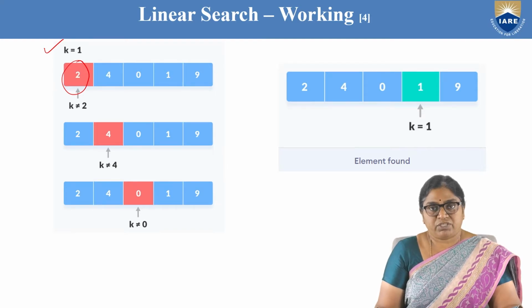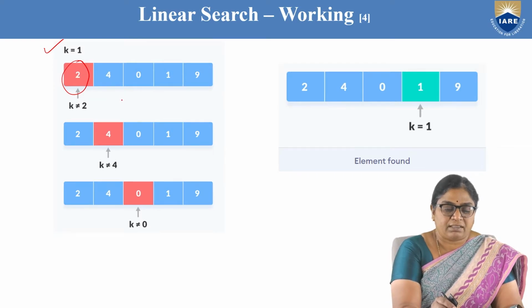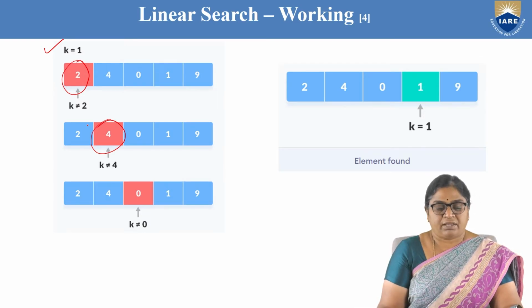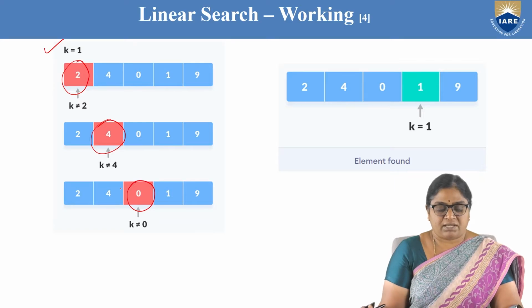Here the key element is 1 and the current element is 2. So there is no match. So we will go with the next iteration. That means we will compare the key element 1 with the second element 4. Here key is not equivalent to the current element. Then we move further, we'll try to compare the next element with the key element.